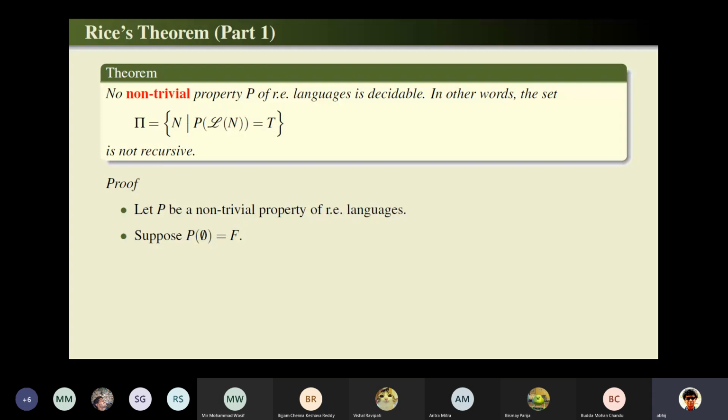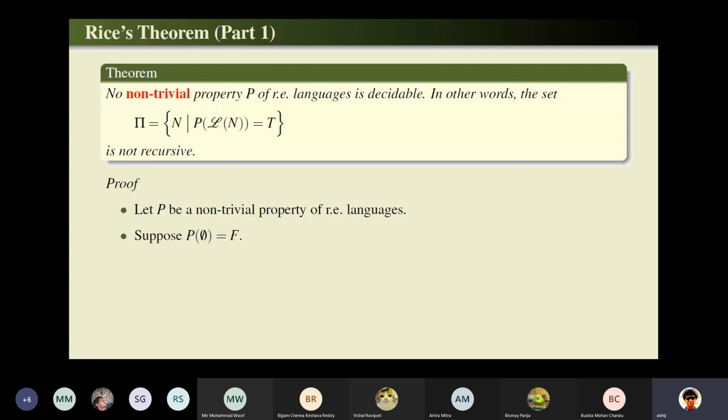Because in undecidability proofs, whether it's a reduction from HP to that language or HP to the complement of that language, it doesn't matter. Okay, so this is false. If it is true, it's basically a reduction to the complement of pi. But that doesn't matter.